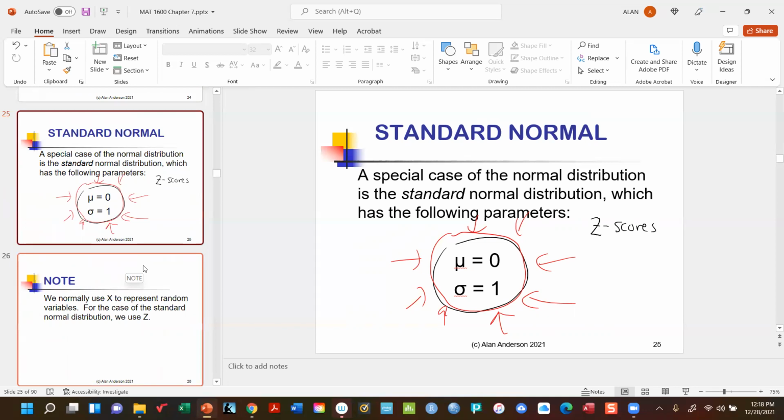Okay, now, one more thing. Up to this point, we've been using the letter X to represent random variables. Just remember for Poisson and for binomial. Here, we're going to make a slight change.